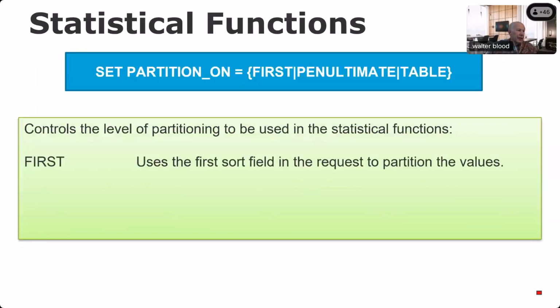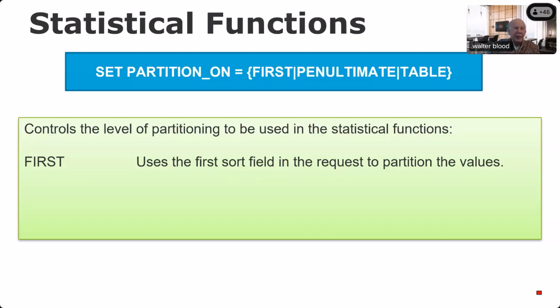The partitioning that we build in here is used extensively. And there is a set command that we use, set partition on, and you'll see that it's got 3 values there: first, penultimate, and table. The first basically will allow us to use the first sort field in a request to partition the values. In other words, the highest sort field.